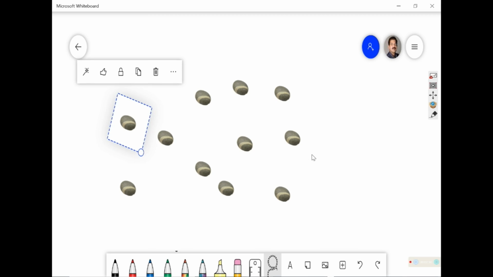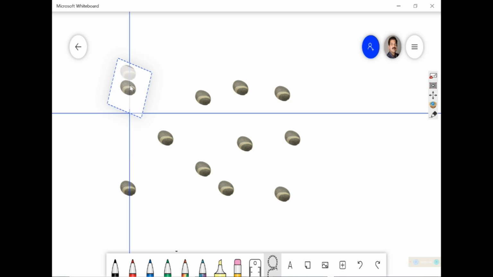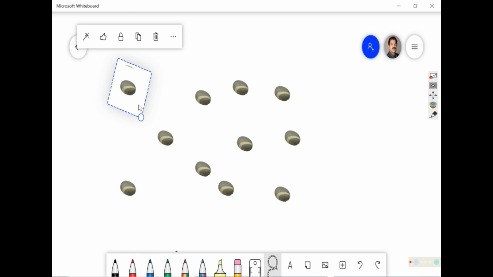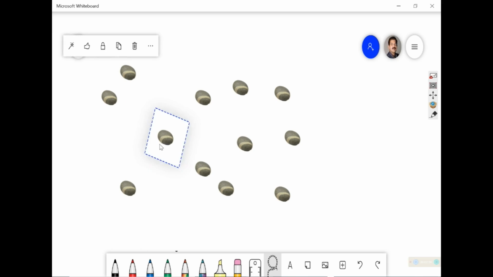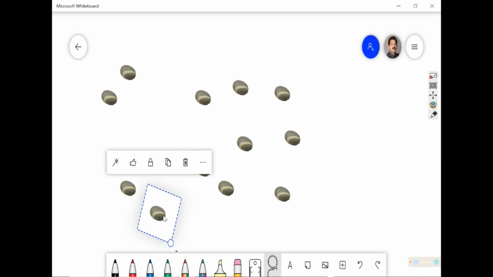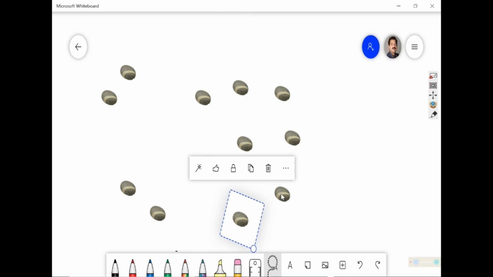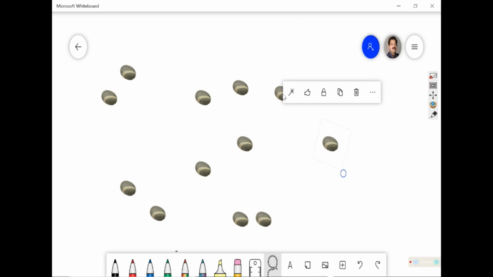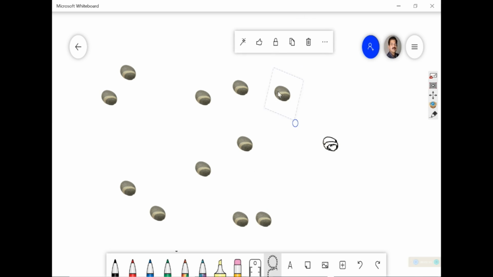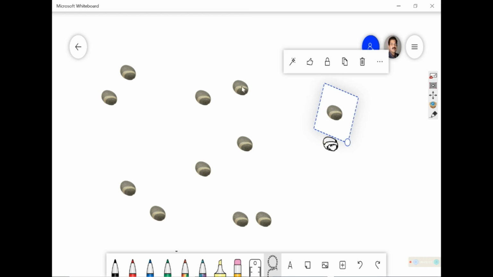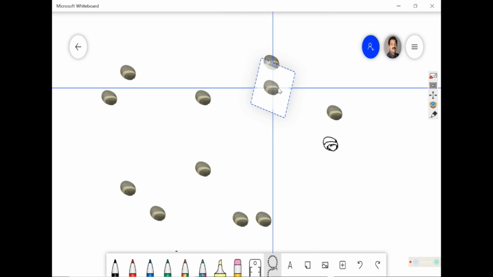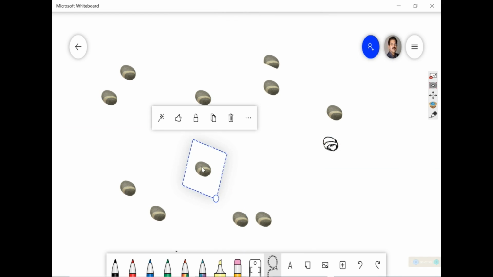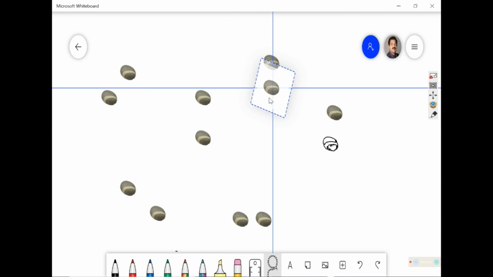There is a set of 2 here, set of 2 here also, set of 2 here also, and this is also a set of 2. Okay, set of 2. What I am doing is making groups of 2 pebbles each, right?